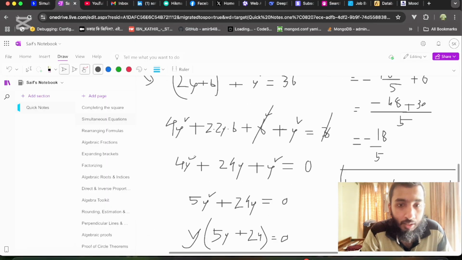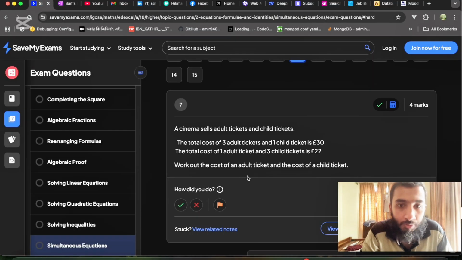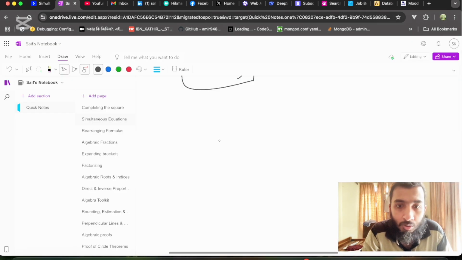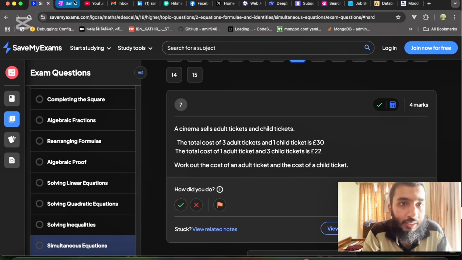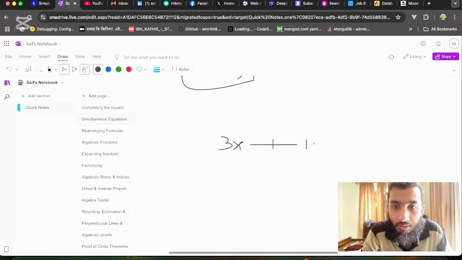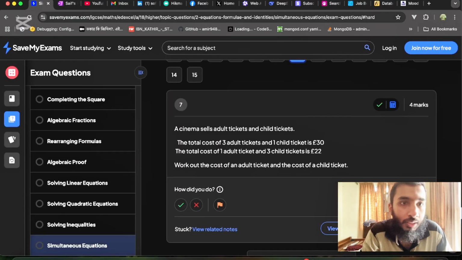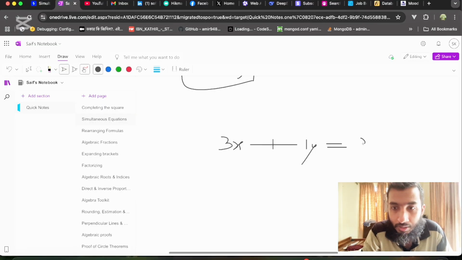So if I use the first information, the total cost of 3 adult tickets and 1 child ticket is 30 pounds. If adult ticket is x, the total cost of 3 adult tickets is 3x, plus 1 child ticket, let's say child ticket represents y, equals what? Equals 30 pounds, or 30.